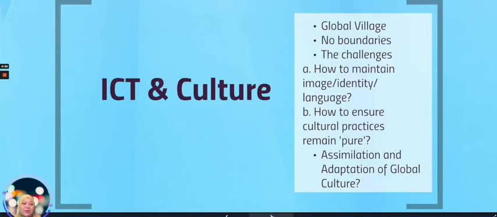And this is where we get two new critical concepts. The first one is assimilation, and the second one is adaptation. Now, for example, when you first came to UPNM, I'm sure some of you were not familiar with the rules, were not familiar with the friends, because that's the first time that you met each other.